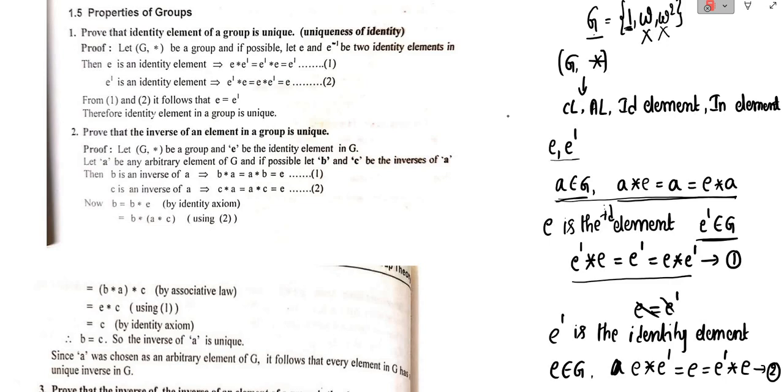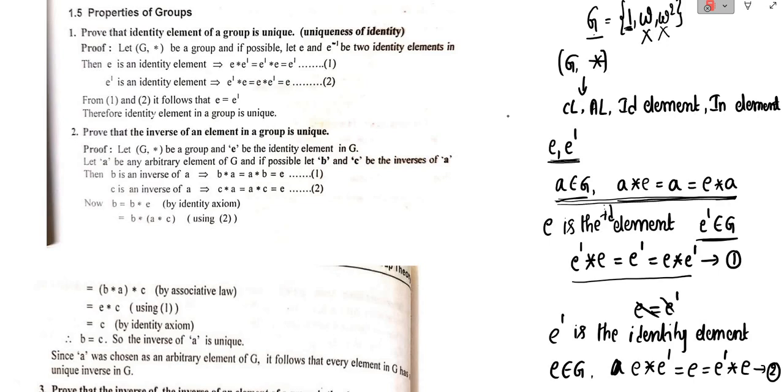Here we are considering E and E dash as two identity elements of (G, star). First of all, we are assuming E is the identity element. E dash is an element of G. Here we are not taking E dash as an identity element. E is the only identity element.